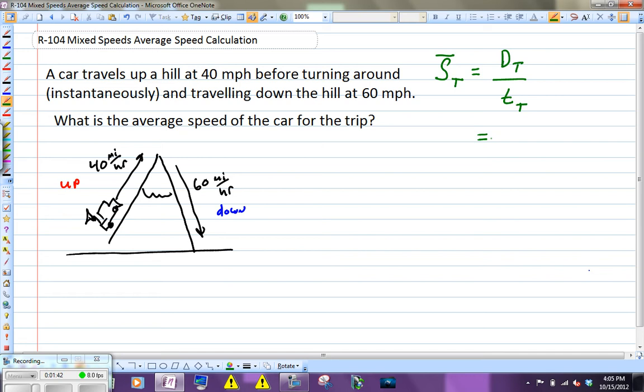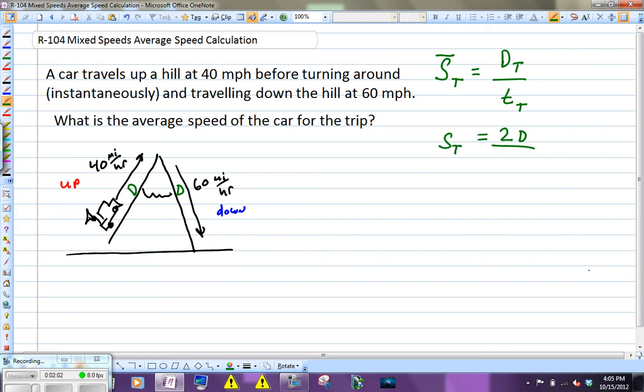Total distance, well, we don't know how far it is up the hill, but we do know that it's the same distance up the hill as it is down the hill. So let's go ahead and call that distance 2d, because it's some distance d up the mountain and some distance d down the mountain. So the total distance is going to be 2d.